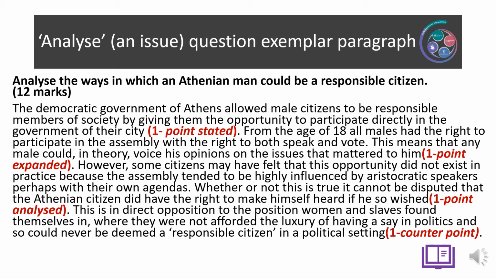You've made your knowledge point for 1 mark. From the age of 18, all males had the right to participate in the assembly, with the right to both speak and vote. This means that any male could, in theory, voice his opinions on the issues that mattered to him. You have taken your knowledge and you have expanded this for a 2nd mark.